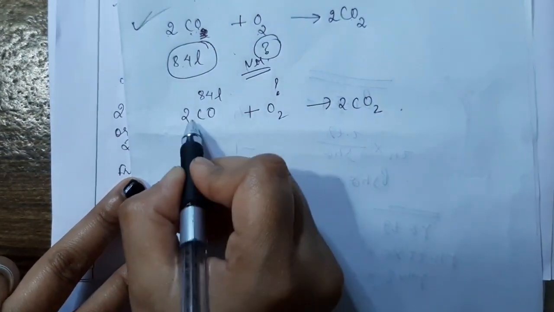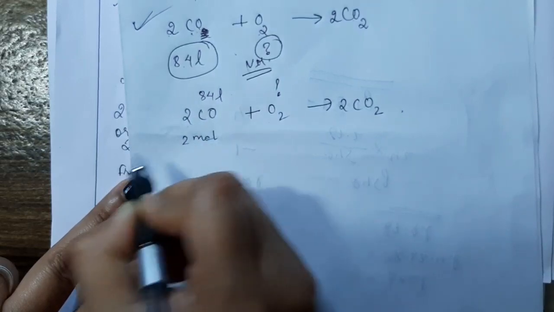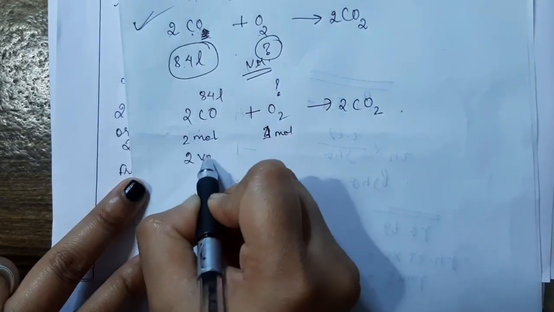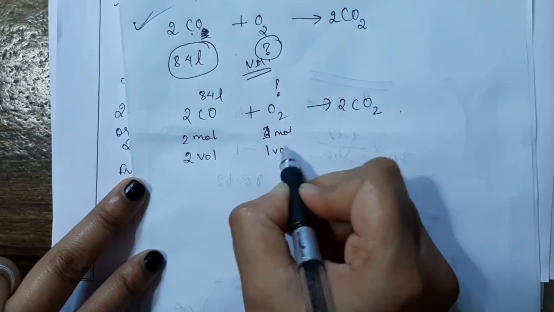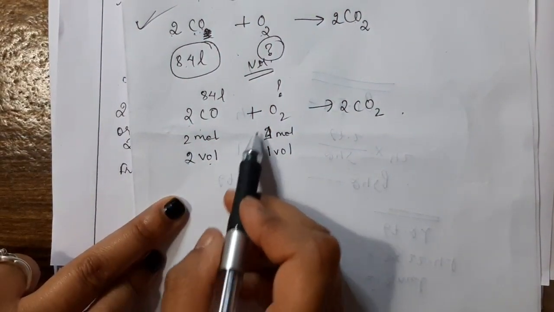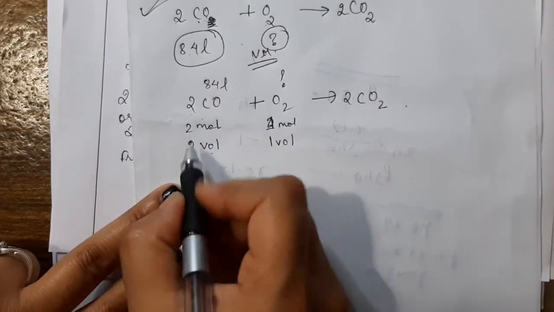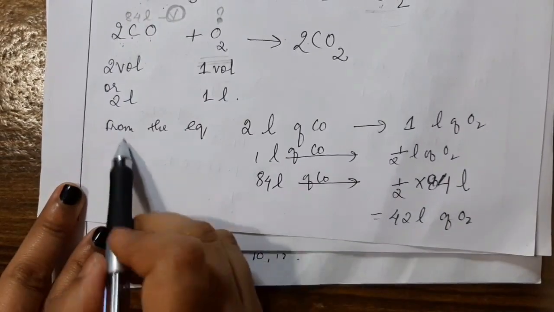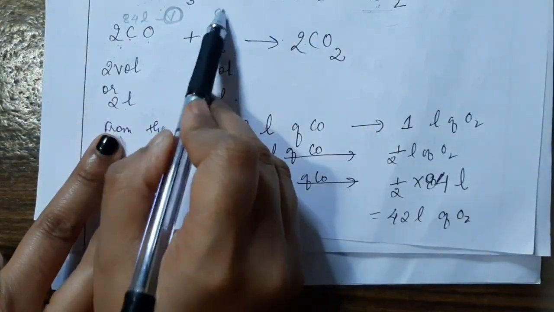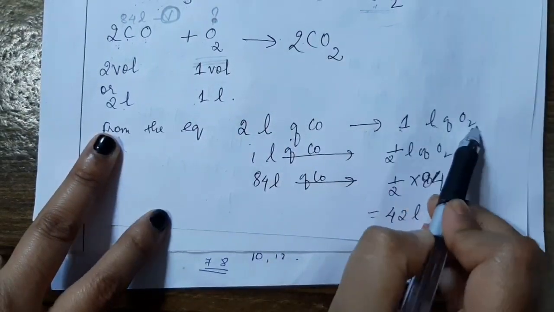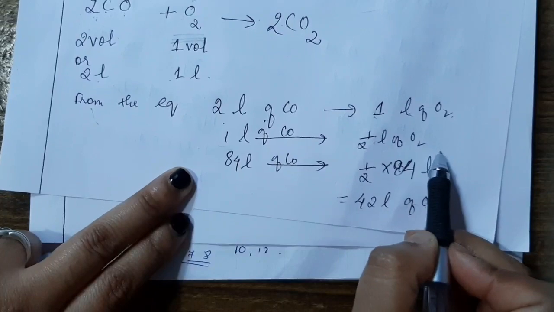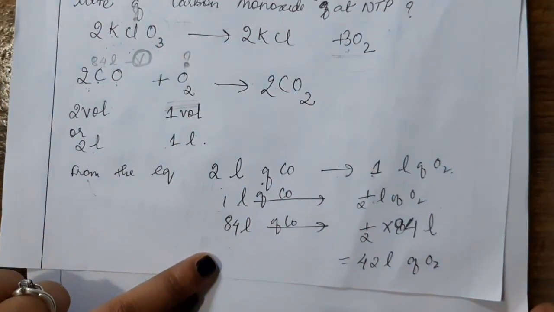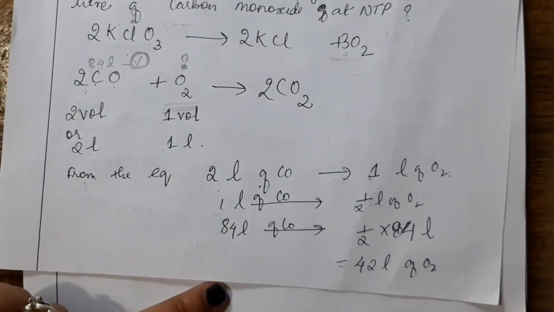So you see out here 2 moles react with 1 mole of O2, or you can also write 2 volumes of CO react with 1 volume of O2. 1 is the coefficient out here, or you can write it as 2 liters react with 1 liter. So 2 liters react with 1 liter of oxygen. From 1 liter you get half liter of oxygen. For how much do you have to find out? 84. So 84 liters give you 42 liters of oxygen. So that we got.